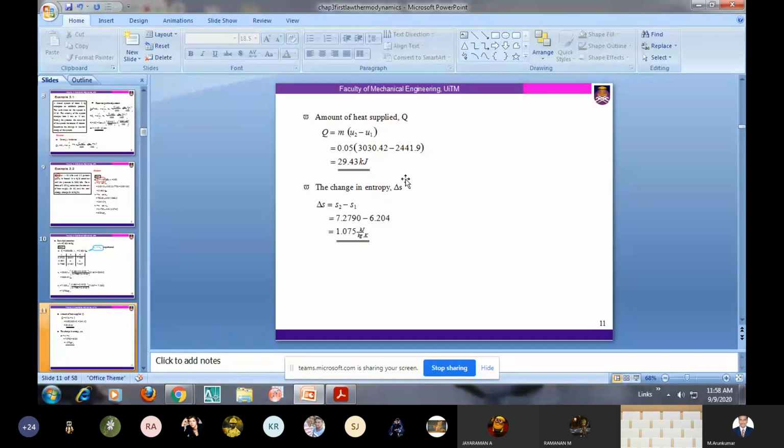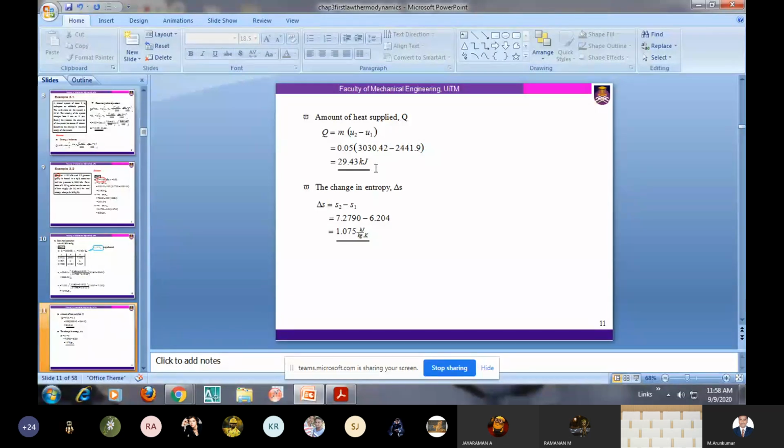There is no kinetic or potential energy here, and for a constant volume process there is no work. Then Q is equal to M into change in internal energy, U2 minus U1. We have the values, so we can substitute. The value of Q is positive, so heat is supplied to the system. That is 29.43 kilojoule.